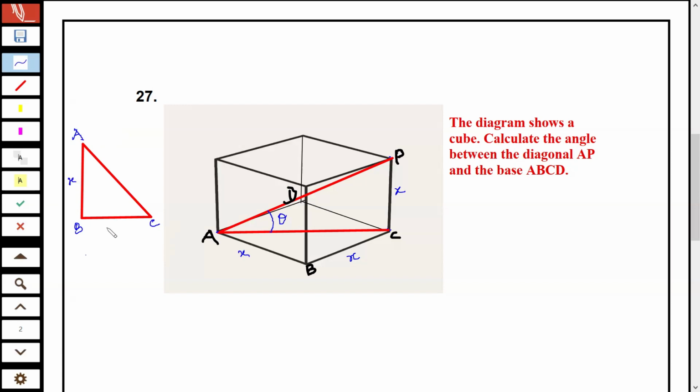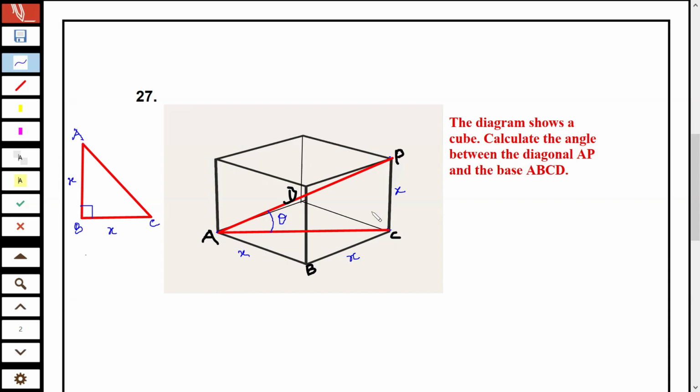Length BC is x centimeters. Now, for the right angle triangle, finding the length AC will be done using the Pythagoras theorem. So by applying Pythagoras theorem, we can find the length AC.